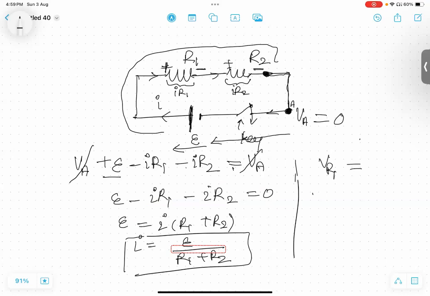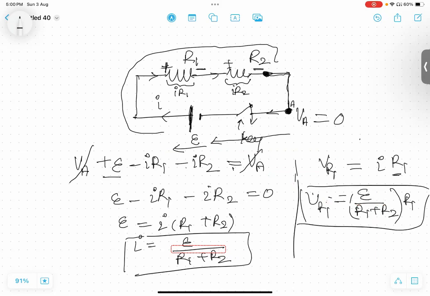So the potential drop across resistance R1 is IR1, but you can only tell when you know the value of current. We know resistor R1, but we don't know the value of current I. So if I write the value of current I here, it will be E by R1 plus R2, which I have just calculated, times R1. That is V R1.